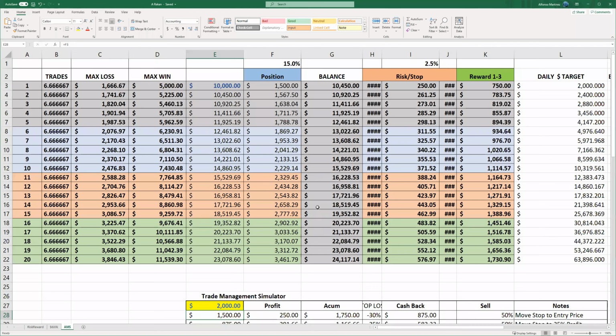Or if you want to be a little bit more aggressive, you can move your stops until you get to the 50% on the second target. That is up to you. The only thing is that if you do it once, you have to do it all the time. Whatever you choose, you have to choose the same strategy all the time.